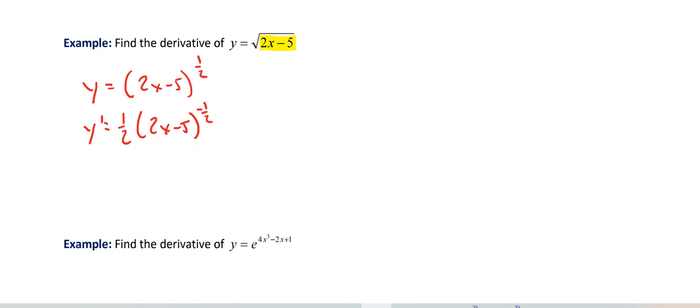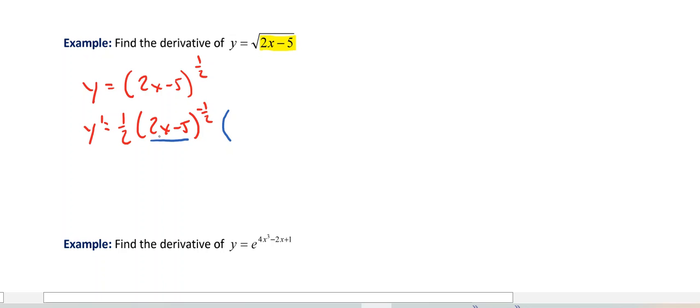And now the chain rule part. I always emphasize that because this is the part that people forget. We need to tack on, as a link in a chain, the derivative of the inside function 2x minus 5, which is just 2. And so we can clean this up. 1/2 times 2 is simply 1.